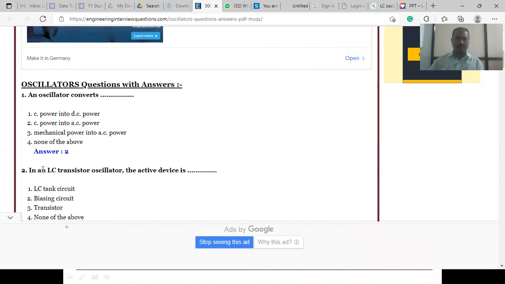Normally we have seen the answer given in the options, right? We have seen that an oscillator converts.